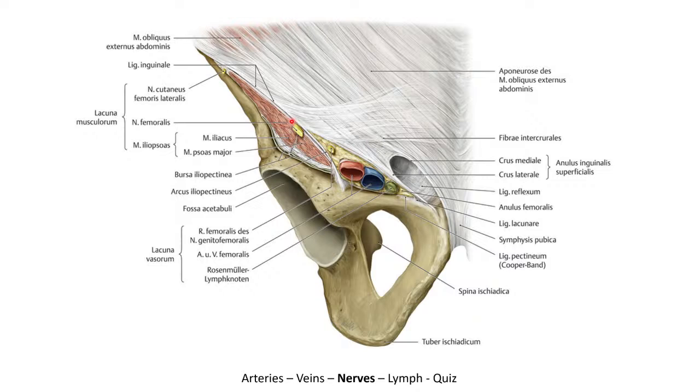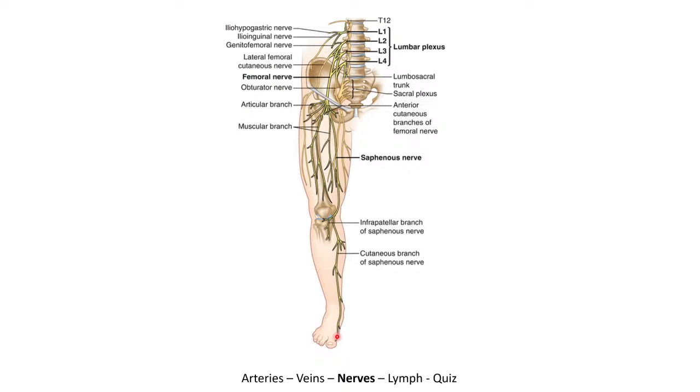Perfect. Here you can see also all of the branches of the femoral nerve and the saphenous nerve going down here all the way down here. So it's really, if not the longest nerve, I think it is the longest nerve of the body. I would need to double check on that, but I'm pretty sure actually. So nervus femoralis.